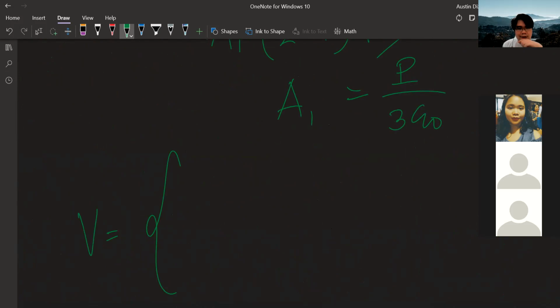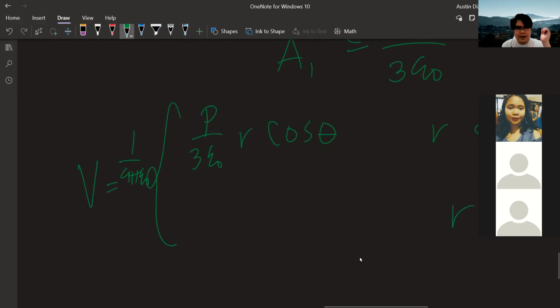So A1, that's P over 3 epsilon naught, R raised to 1, so that's R lang, then cosine theta. Tapos, may 1 over 4 pi epsilon naught pa rin, of course. Okay? And then for the outside, this is inside. So outside, B1 over R raised to l plus 1, so that's 2. Then cosine theta.